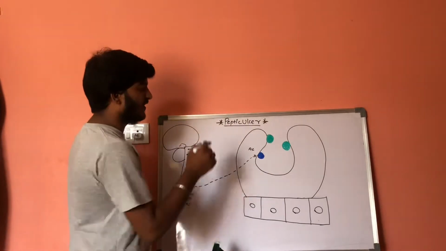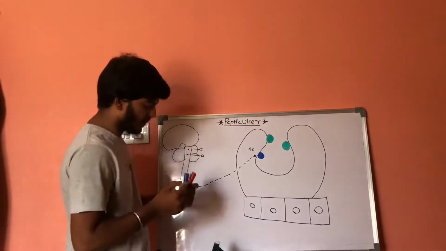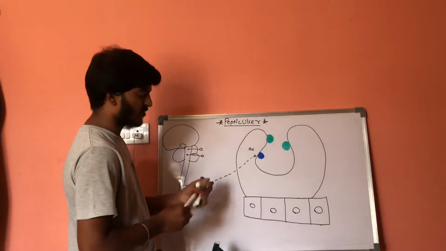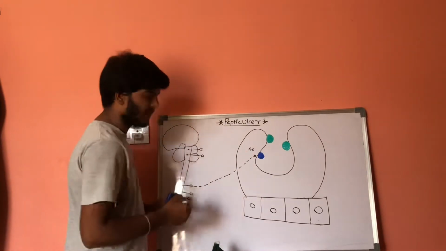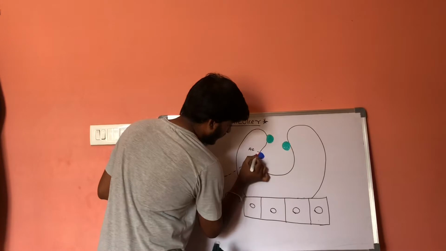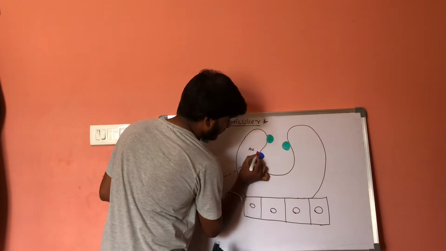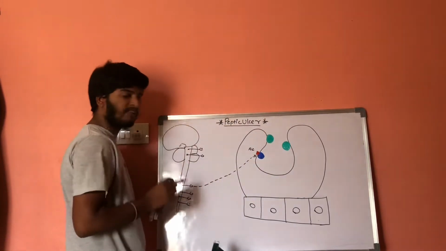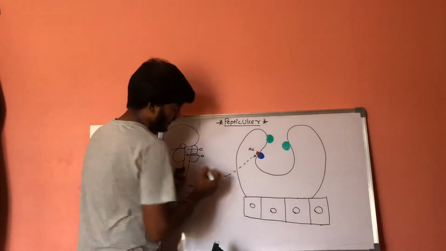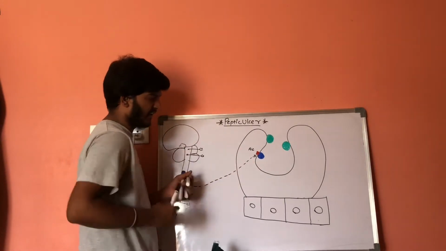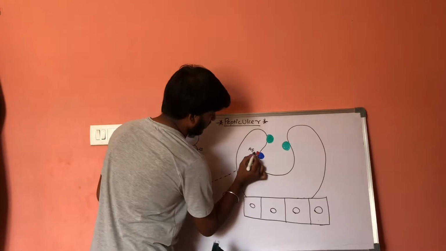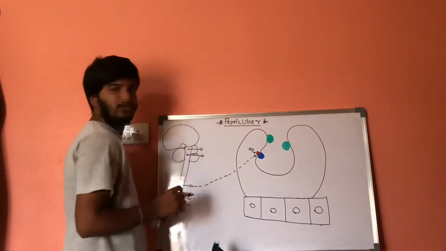The acetylcholine has special receptors on the enterochromaffin cell. Now this acetylcholine will get bound here.